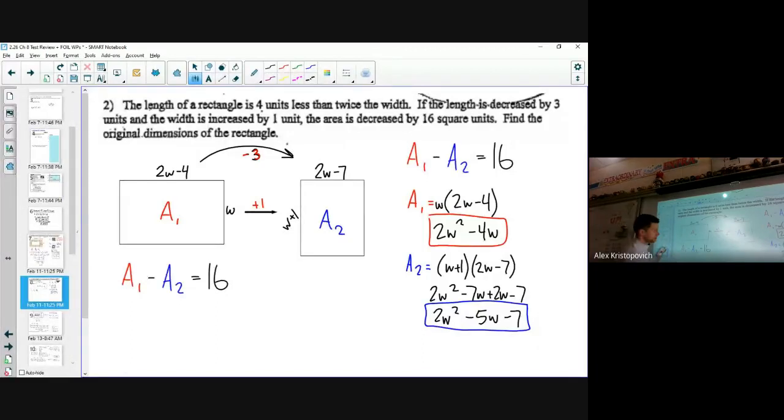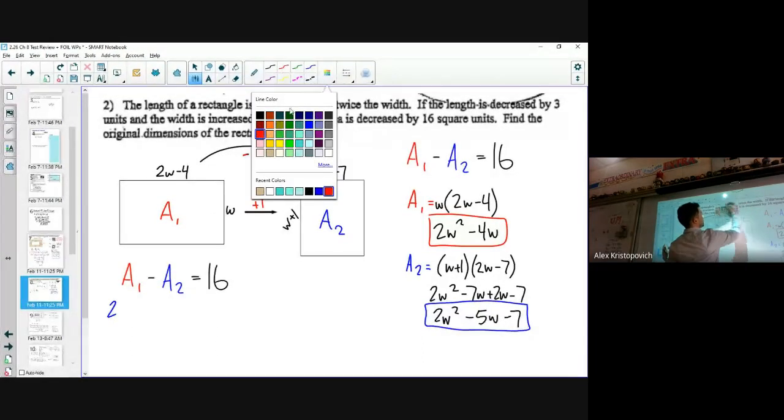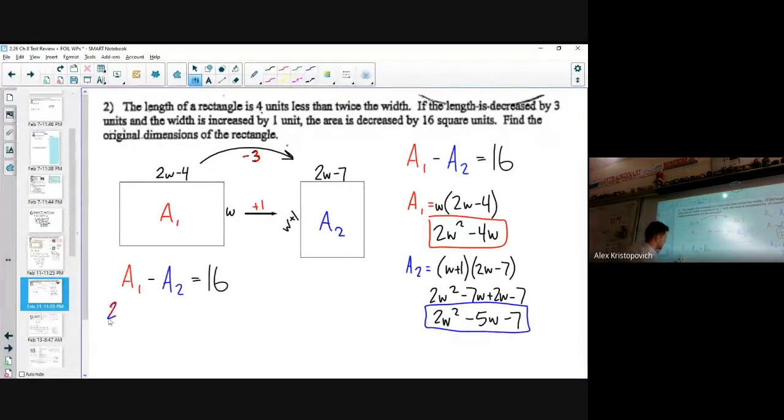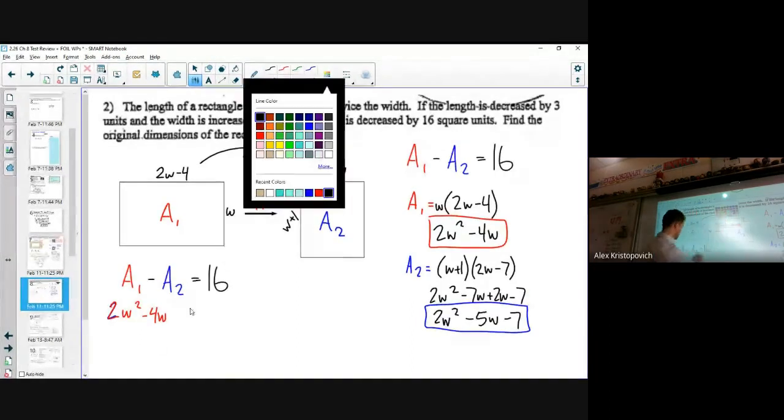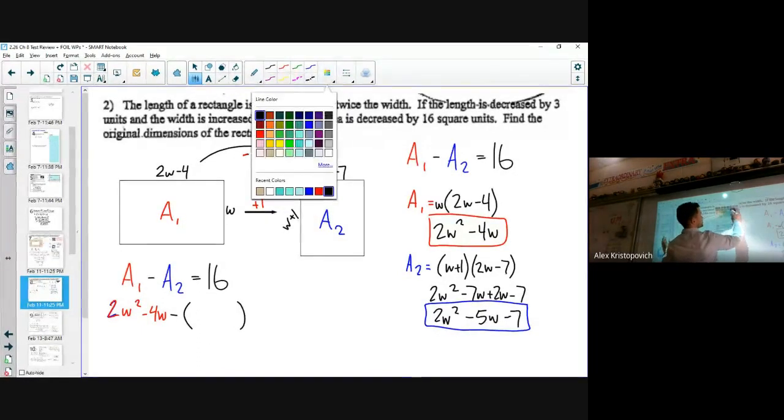So let's see. We have 2W squared minus 4W, minus, in parentheses, we'll write what A2 was.